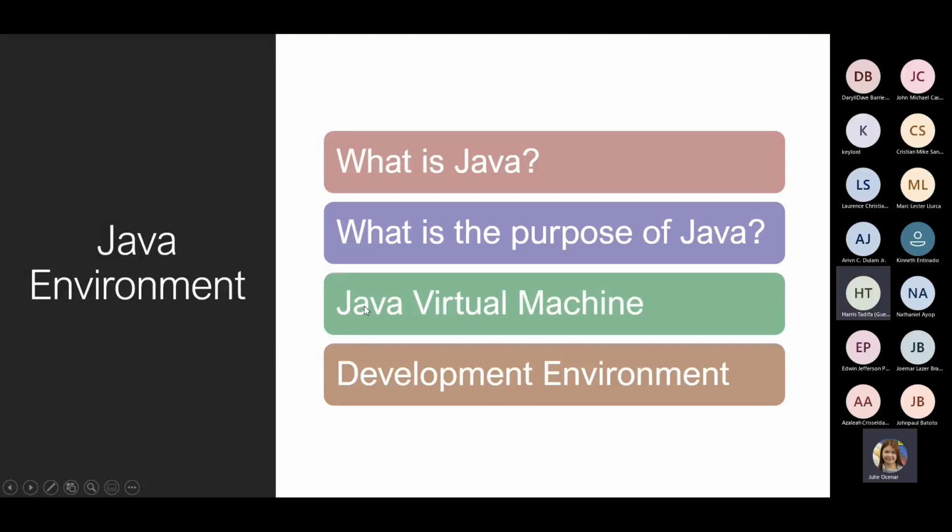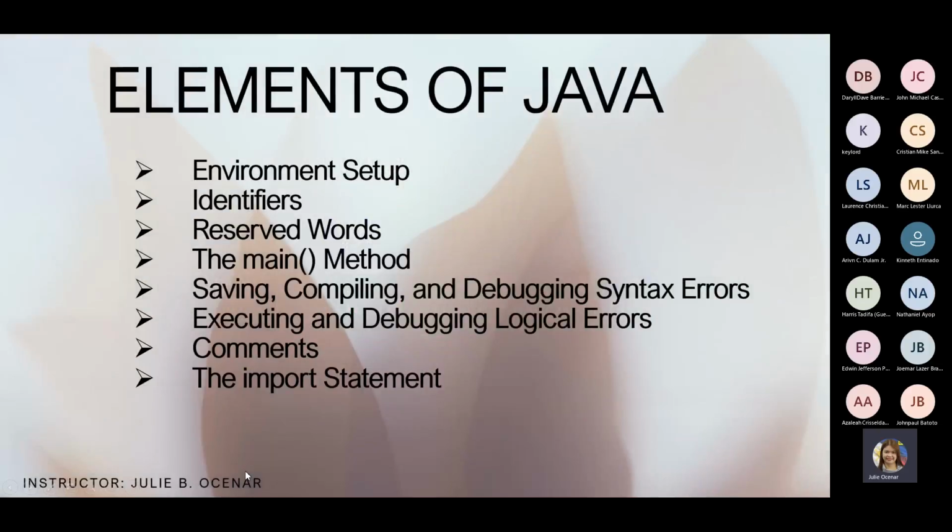What is Java anyway? So last time, kahapon lang, we discuss about programming languages, different kinds of programming languages. And we have two types of programming languages. The first one is a low level, and the second one is the high level.